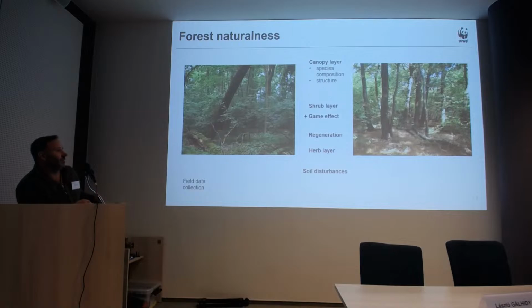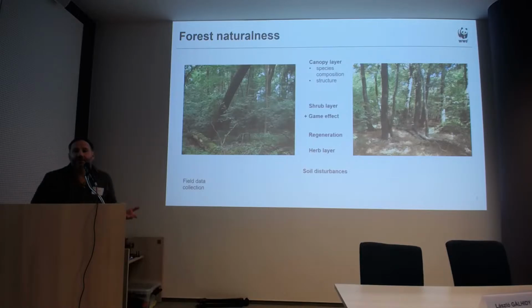And we can go into any kind of forest and check these variables or indicators, like the canopy layer, which is very important, especially because forest management modifies the canopy layer the most, not only the structure but species composition as well, especially in Hungary, where almost half of the forests are not of natural composition.